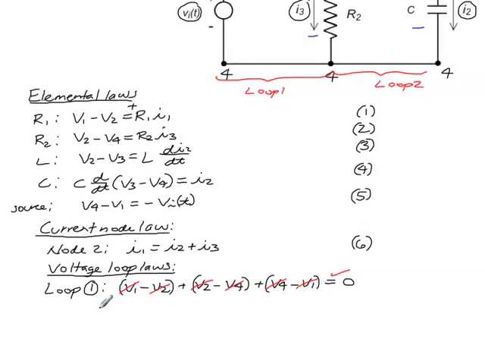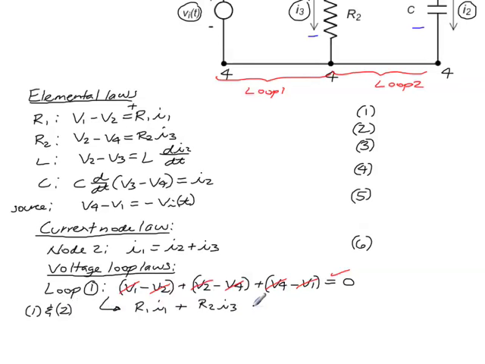So what we'll do now is take our elemental laws 1 and 2. Elemental laws 1 and 2 say that V1 minus V2, we saw, was R1 I1. V2 minus V4 was equal to R2 I3.